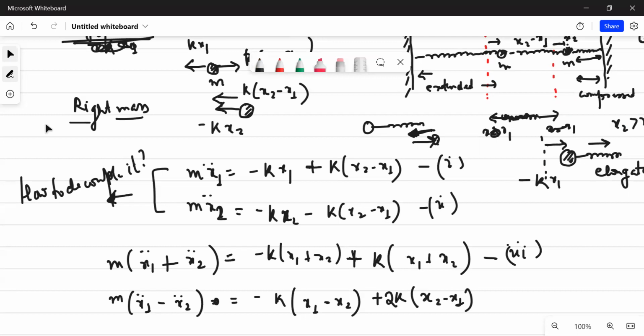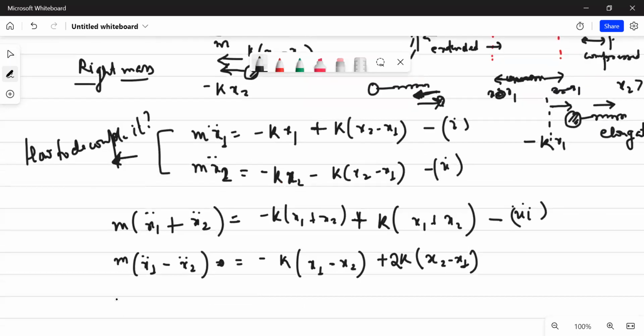So overall you can write your second differential equation as m (x1 double dot minus x2 double dot) as minus 3k (x1 minus x2). This is your equation number 4. Is that clear?